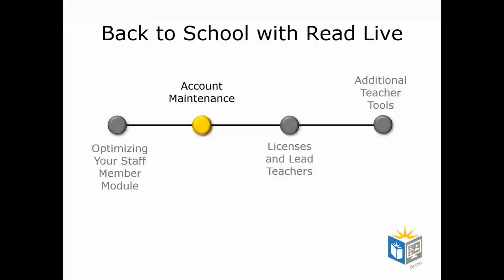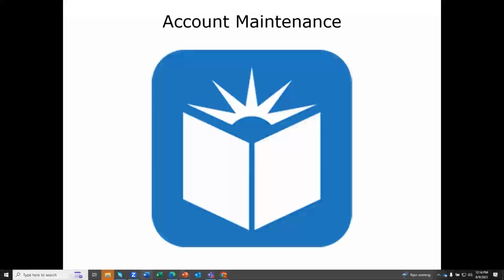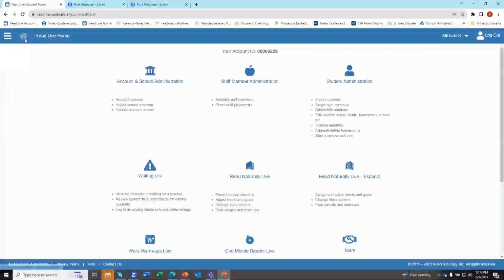So now we're going to talk just a little bit about account maintenance. And again, we're going to go into the program to do that. And I will pop back over here. In account maintenance, the first thing we want to talk about, let me get myself back to the home screen, is what to do at the beginning of a new school year.